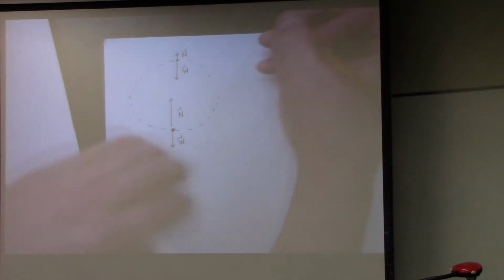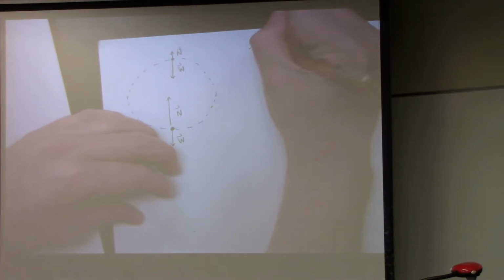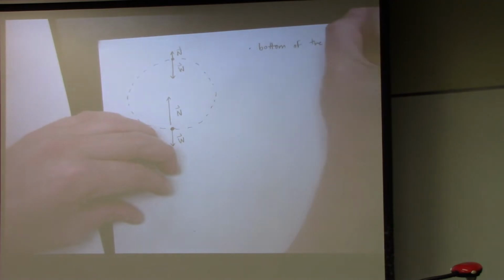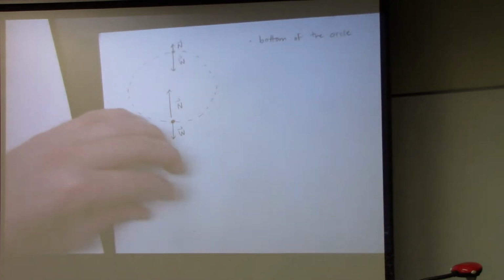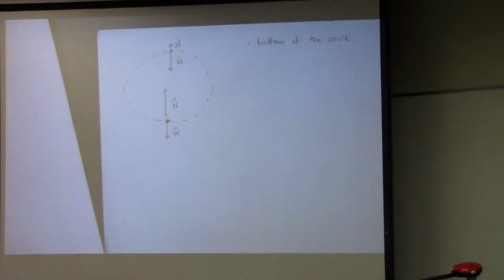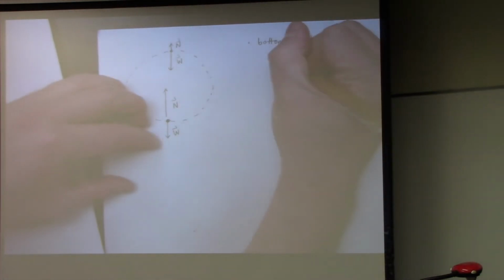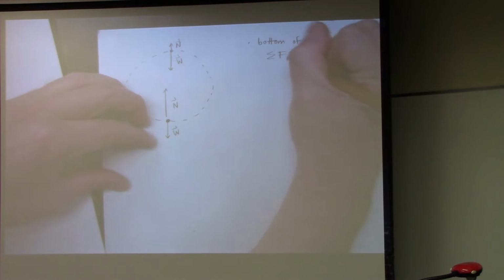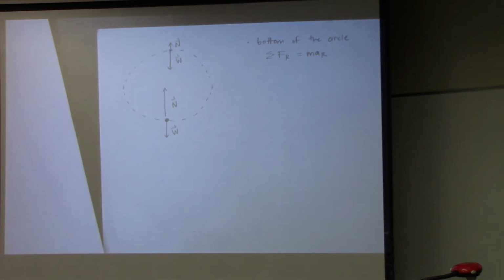Okay, so if we take a look at the bottom of the circle, if we focus our attention on this picture to start off, let's use Newton's second law, F equals ma, but applied for the radial direction, as we've been doing in the past couple lectures.